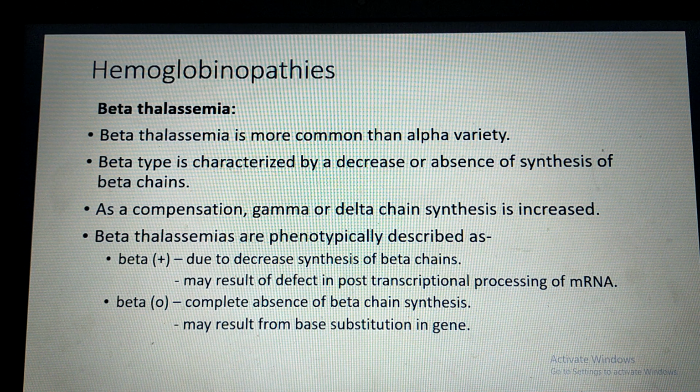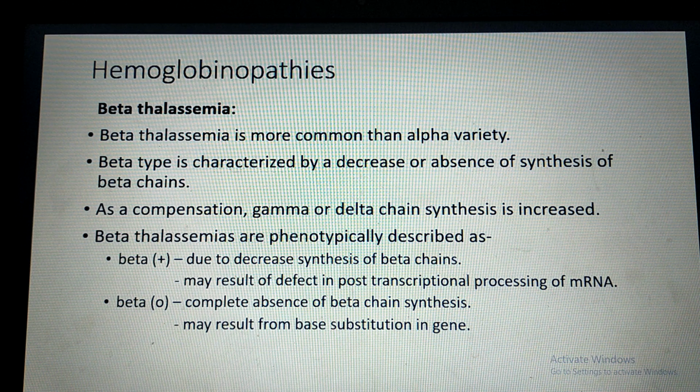Beta thalassemia is characterized by decrease or absence of beta chain synthesis. Alpha chain synthesis occurs, but beta chain synthesis is decreased or absent. Due to this, for compensation of this loss, gamma chain or delta chain synthesis is increased.